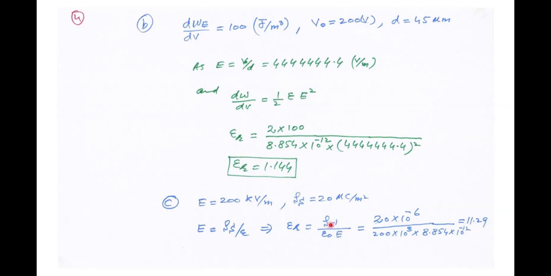Plug in the values of surface charge density, free space permittivity, and the given electric field, and we obtain the relative permittivity of the insulating material between the two conducting sheets, which is equal to 11.29. Again, remember that relative permittivity is a dimensionless quantity.